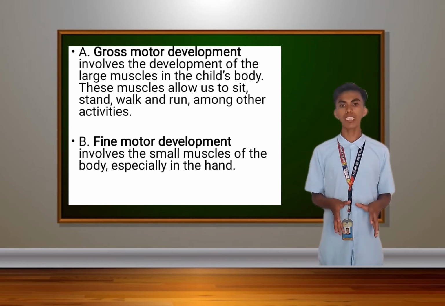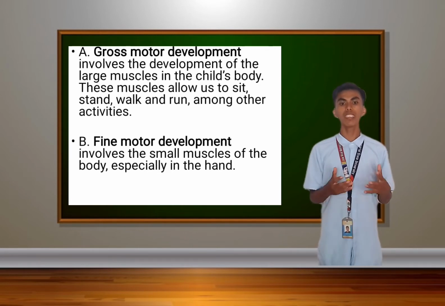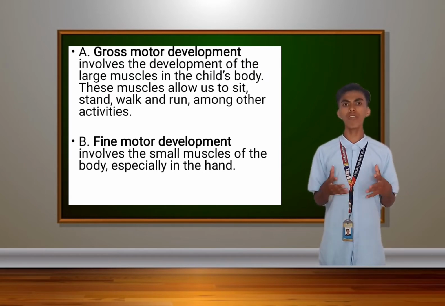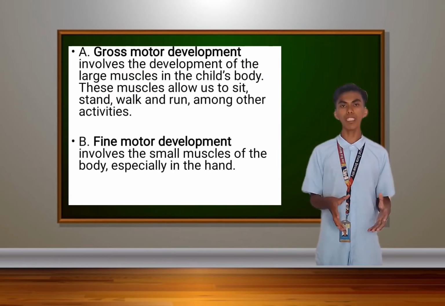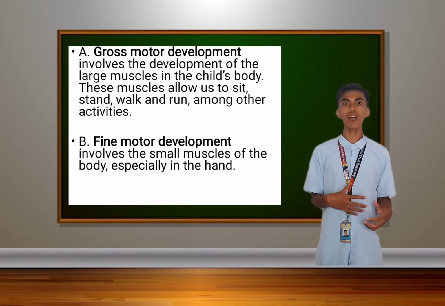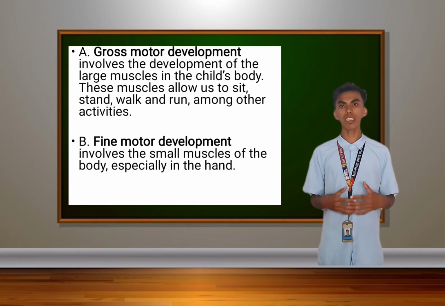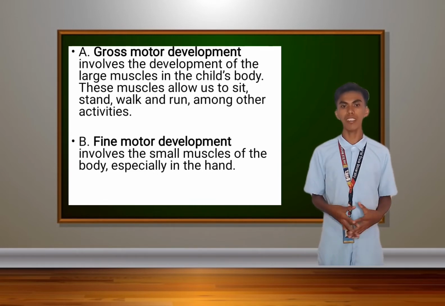Next, fine motor development involves the small muscles of the body, especially in the hand. So fine motor development helps a person or a child develop the small muscles that can be found in the finger or hand.